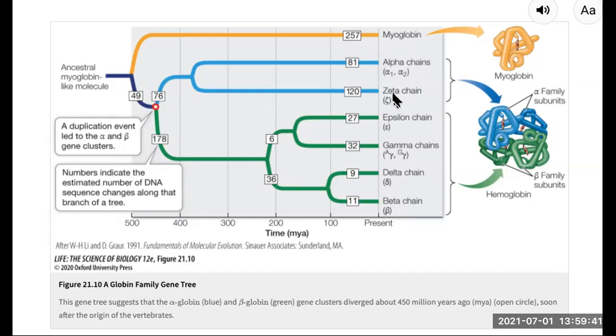The alpha, zeta, epsilon, gamma, delta, beta, they are different variations of this protein that are used at different times in life. So for example, a fetus has different oxygen needs than an adult human. And so they are going to be expressing different proteins that do very, very similar jobs.